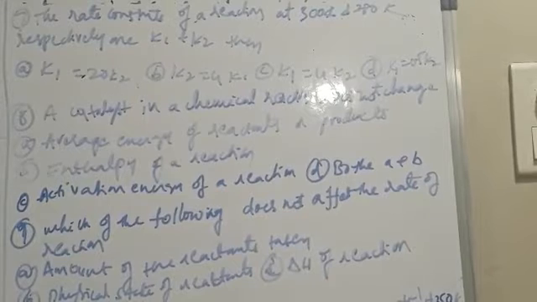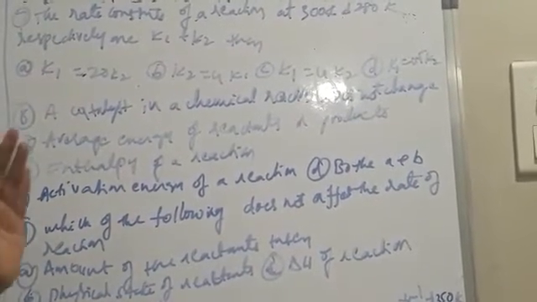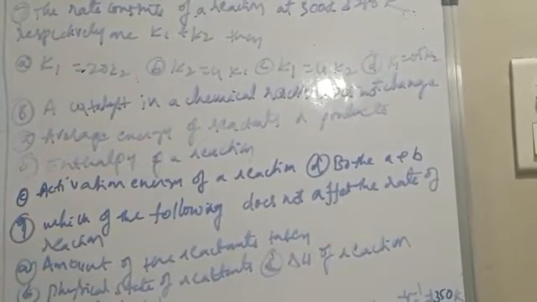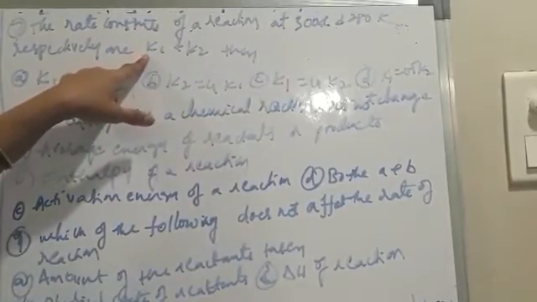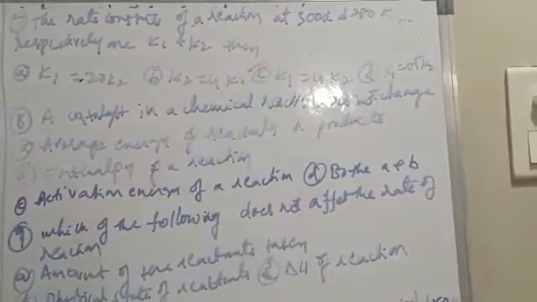Why? Because for every 10 degrees rise in temperature, rate becomes double. And for another 10 degrees, at 300 Kelvin, it becomes 4K2. So, at 300 Kelvin, what is the rate constant? K1. So, K1 is equal to 4 into K2.